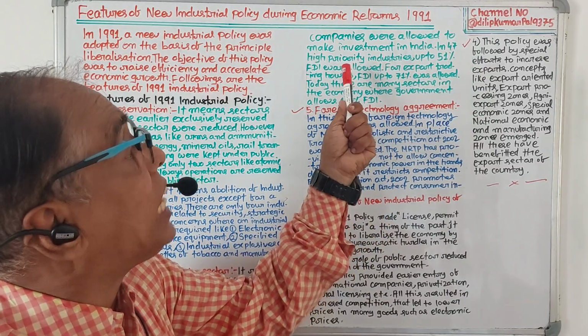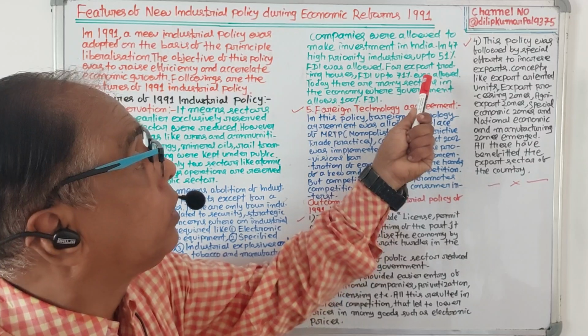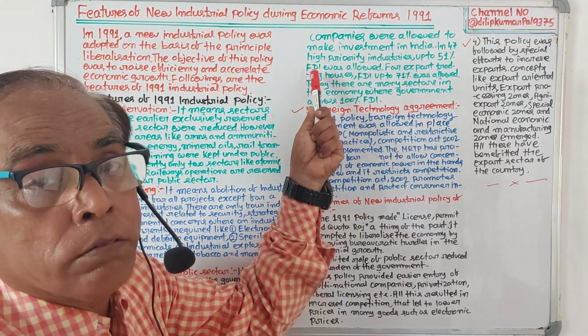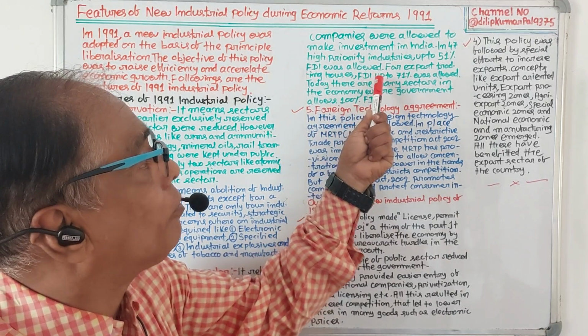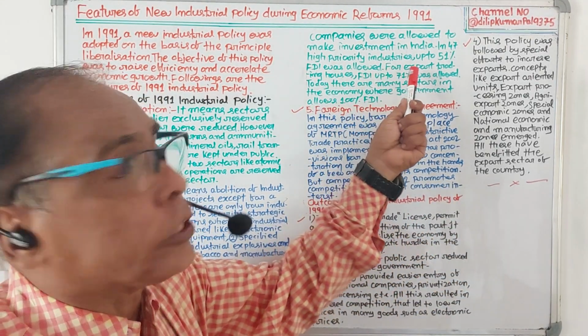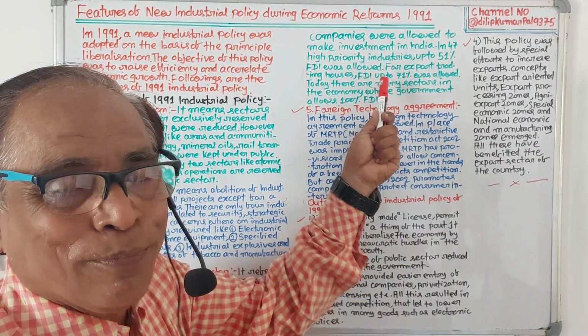In 47 high priority industries, up to 51% FDI, foreign direct investment, was allowed.